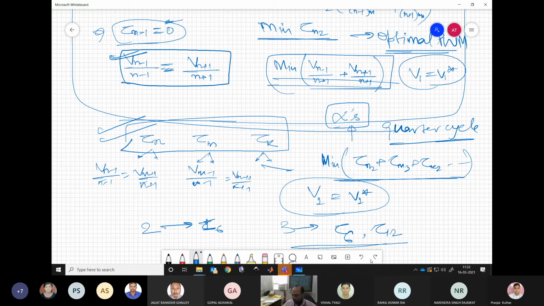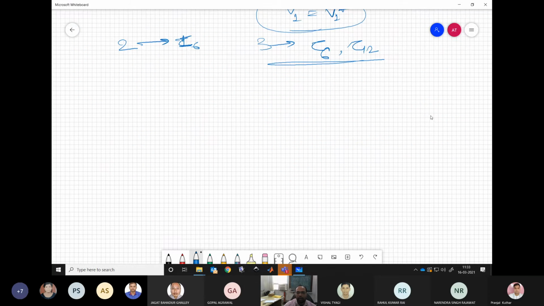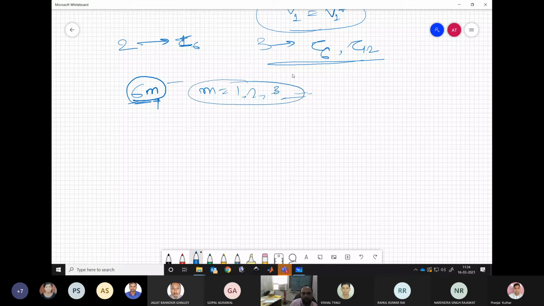So the beauty of this system is that when we are maintaining 3-phase symmetry and all, the torque harmonic is defined as only the 6th harmonic or multiple of 6. So in general, we can say this is some 6m. So m could be your 1, 2, 3, any integer. So only these torque harmonics are first of all available in the system if you maintain all the symmetries.